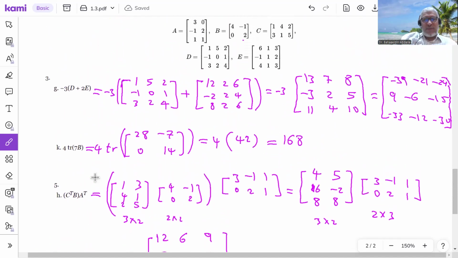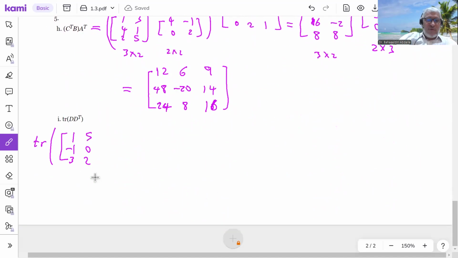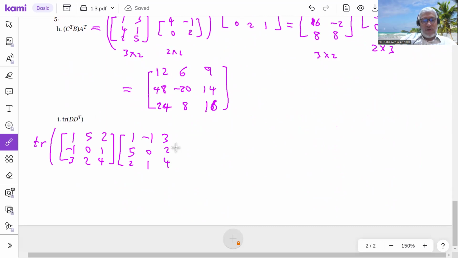This is the matrix D, and 2, 1, 4. I will multiply this by DT, the transpose of this. So the first row, write it as first column. The second row, the third row would be the third column.